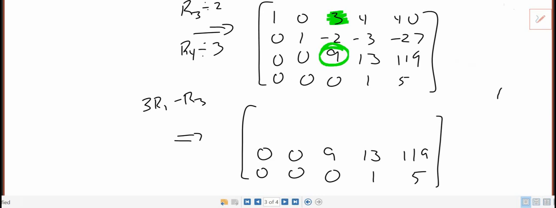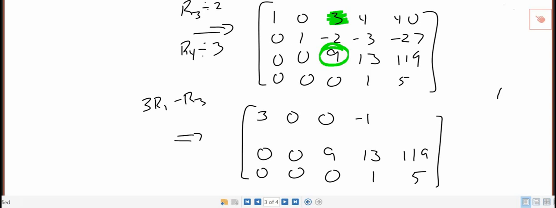But if I took 3 times row 1 and subtracted row 3, that would leave me with a 3 in this position. And if I did 3 times row 1 minus row 3 here, that would be a 0. 3 times row 1 minus row 3 would be a 0 there. Let's see, 12 minus 13 would be negative 1.